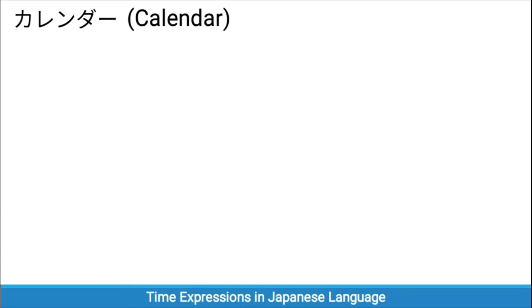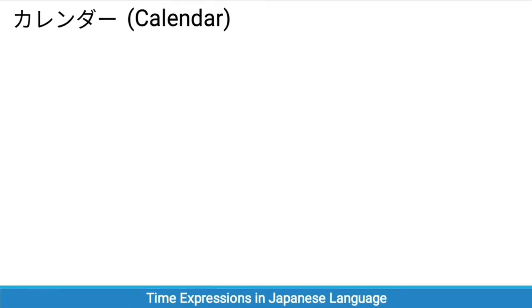We have the calendar. So, karenda. They used katakana because this is just a loan word. Okay? I used July, or this month's dates, to show you our calendar.